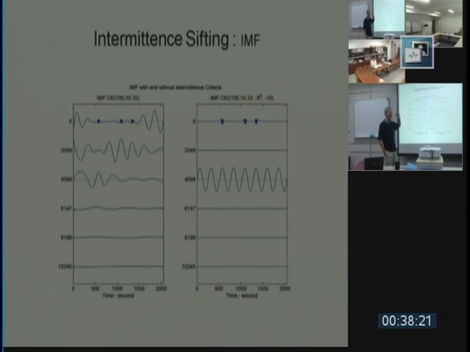Especially when you change the stoppage criteria, you can have a totally different number of IMFs. When you have totally different IMFs, it's very difficult for you to implement the average ensemble on IMF. You can implement it in other different ways that I will tell you how. But the number of IMFs you get will be different.